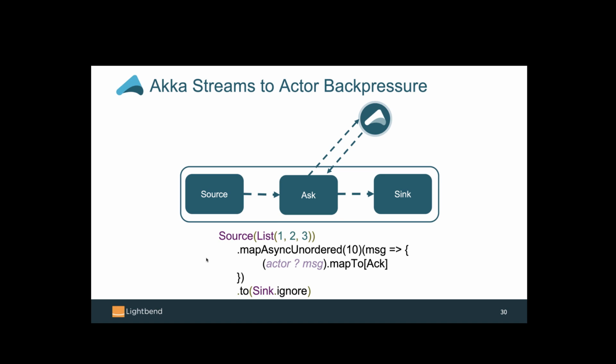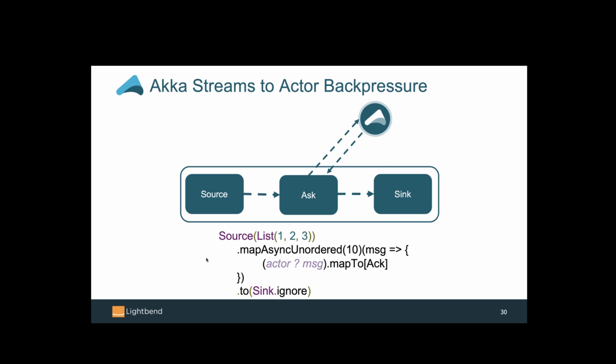So we looked at map async earlier, and map async makes sure that the order of the elements that go out matches the order that they come into a specific operation. If we do unordered, then as these futures complete, they're just going to move forward in any order, as fast as they possibly can come out of this ask and move downstream.